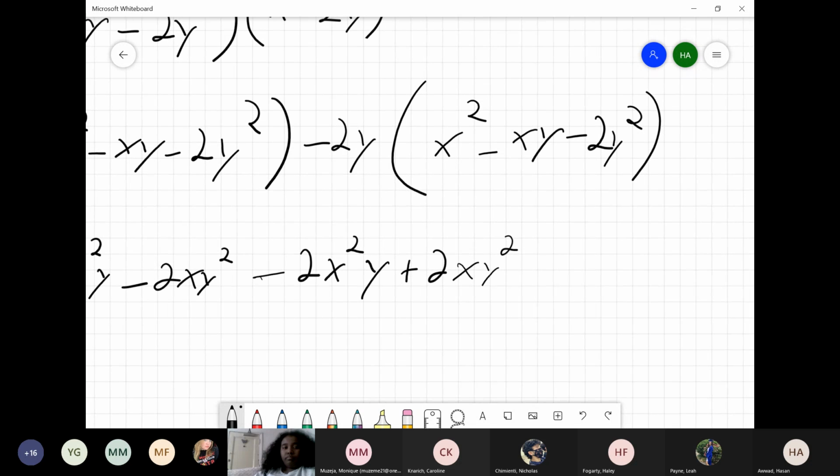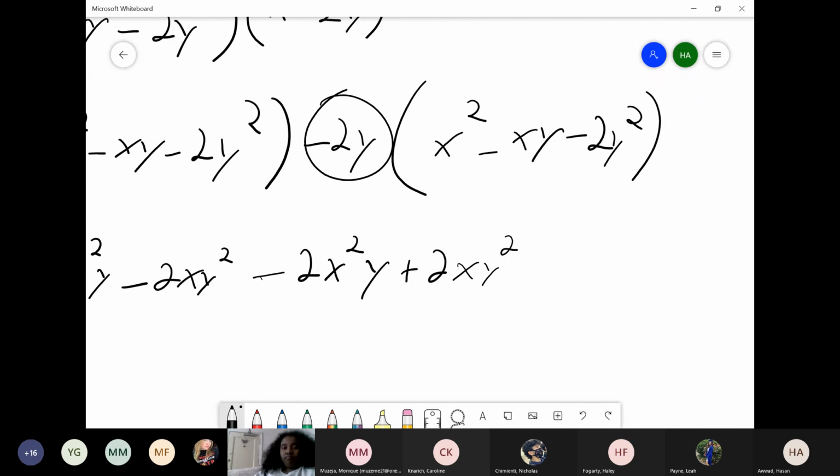And the last thing that we have to do on the right-hand side here is distribute the -2y to the last piece. So that's going to be -2y times -2y squared. Negative times negative, again, we know this should be positive, so we know it's going to be a plus. We have 2 times 2, which gives us 4. And then we have y times y squared, which gives us y cubed, right?